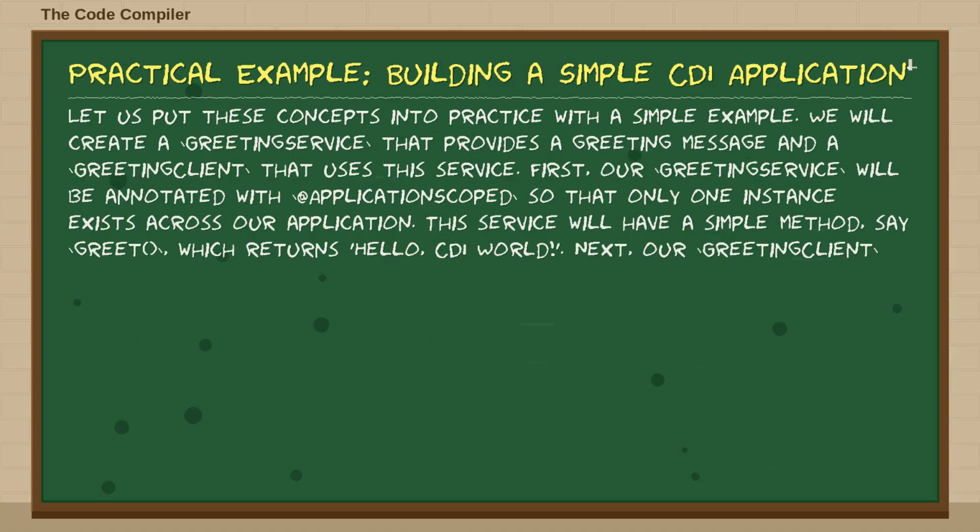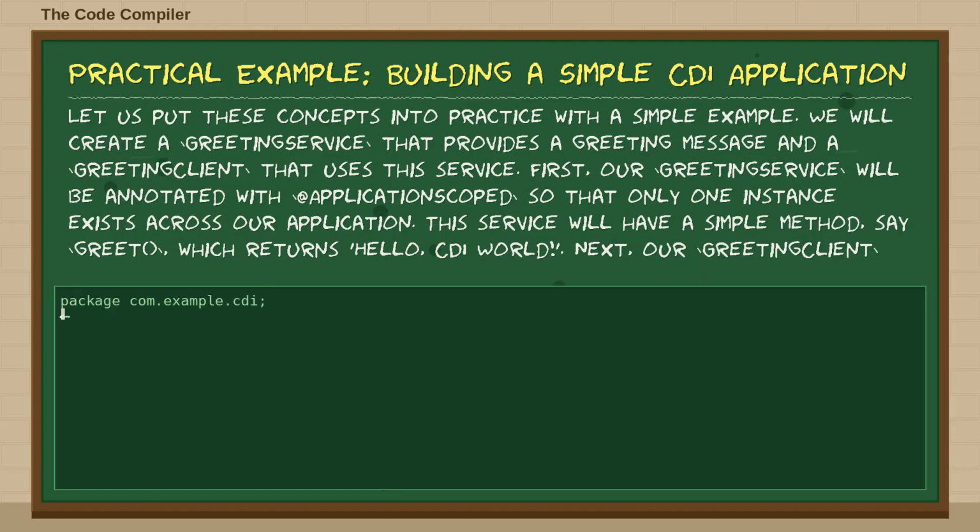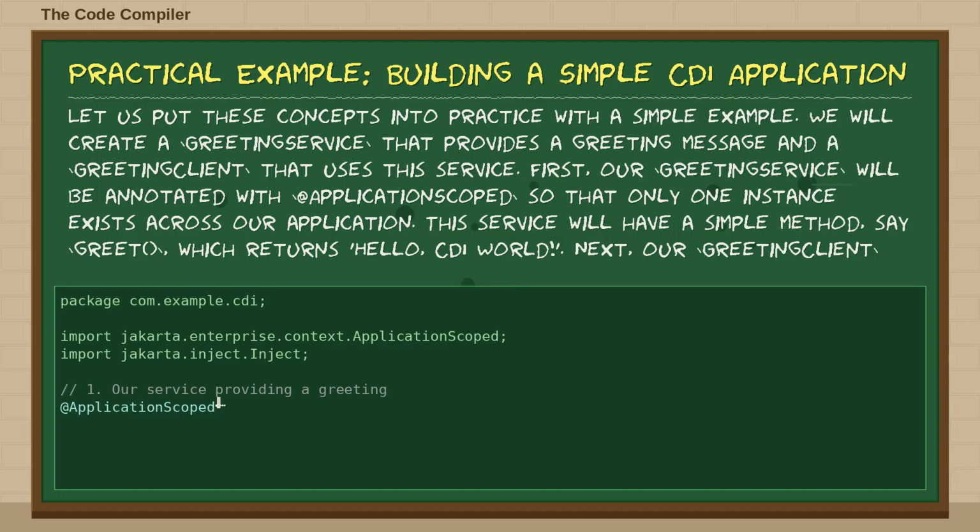The CDI container will automatically find our application scoped GreetingService and inject it into the GreetingClient. When you run your application, the GreetingClient can simply call greetingService.greet and get the message. This clearly demonstrates how CDI handles the object creation and wiring for you, making your code clean and focused on business logic.